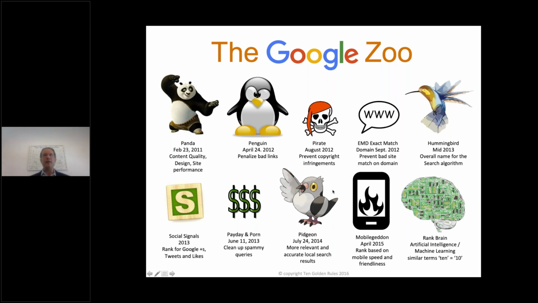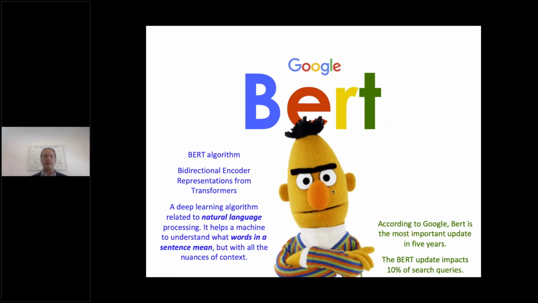Now, this is a history of Google algorithm updates, and I have a whole presentation on this. We don't want to get into much detail today, but within the last couple of weeks, Google has announced this BERT algorithm update. BERT has nothing to do with Sesame Street, but it's the Bidirectional Encoder Representations from Transformers. Essentially, this is building on Google's ability to understand natural language.